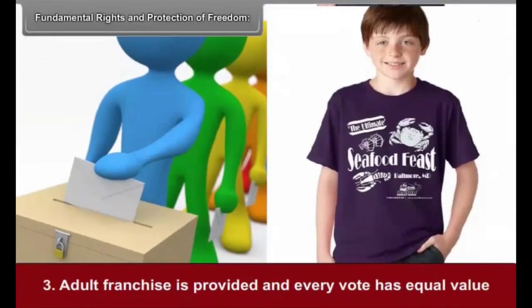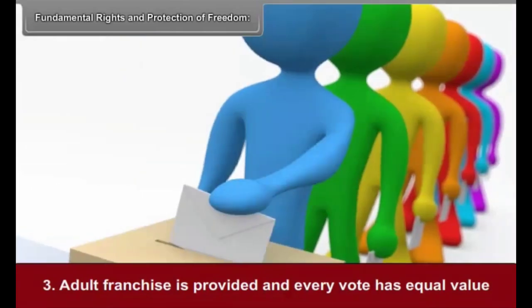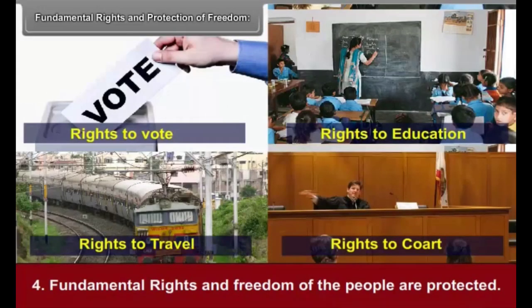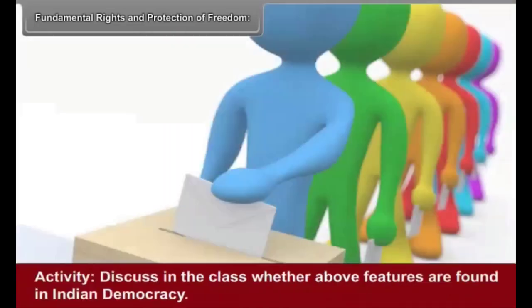Third, adult franchise is provided and every vote has equal value. Fourth, fundamental rights and freedoms of the people are protected. Explain the features of democracy. Activity. Discuss in the class whether the above features are found in Indian democracy.